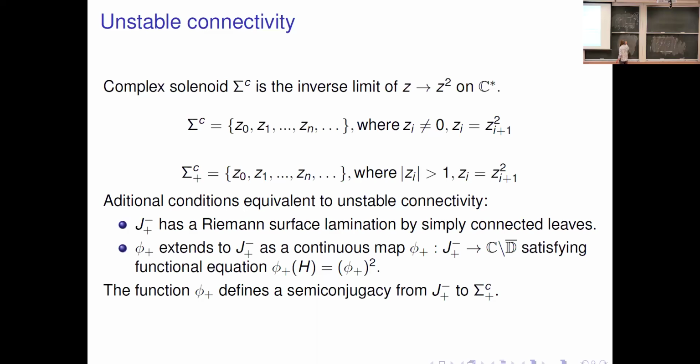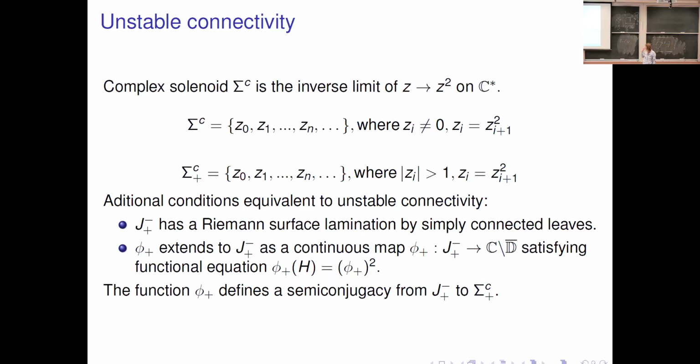So G minus plus is G minus without J. So I remove J from G minus. And if it's unstably connected, then this G minus plus has a Riemann surface lamination by simply connected leaves.